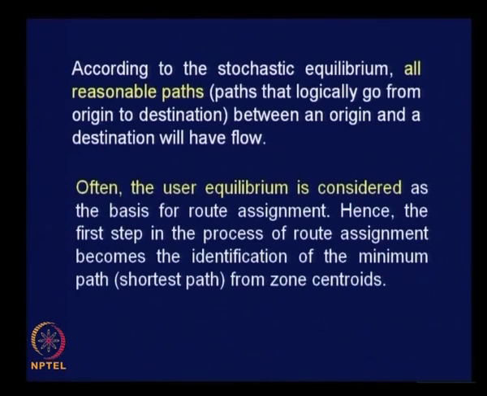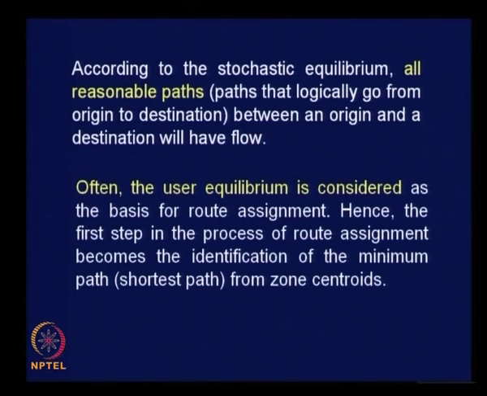Often the user equilibrium is considered as the basis for route assignment. User equilibrium is the sole basis considered for route assignment. Hence the first step in the process of route assignment becomes the identification of the minimum path or shortest path from zone centroids.